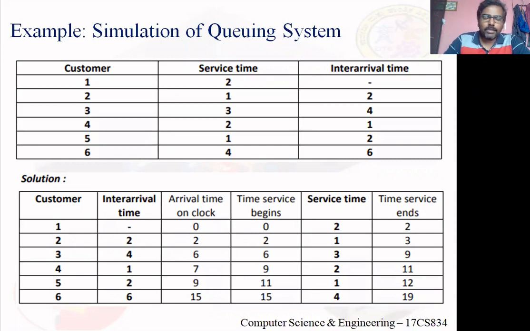I will track when each customer's service will begin. Then I will track when each customer's service will end. As soon as the customer's service ends, he will depart from the system. Clear? Got it?